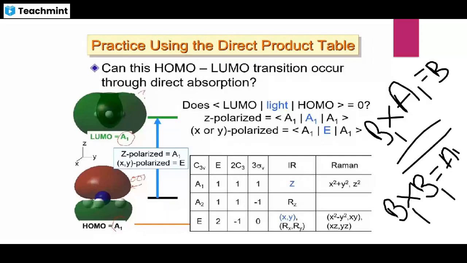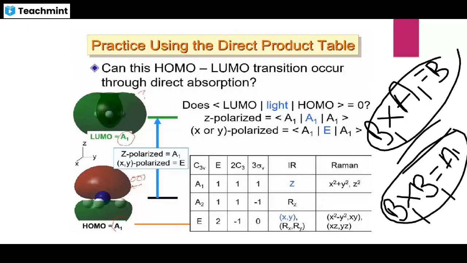So using these two rules you can find it: a1 into a1 means a1, so it is allowed by z polarized light. If it is xy polarized it means e; a1 into e means e, e into a1 equal to e.